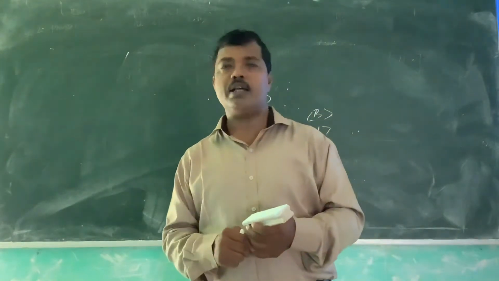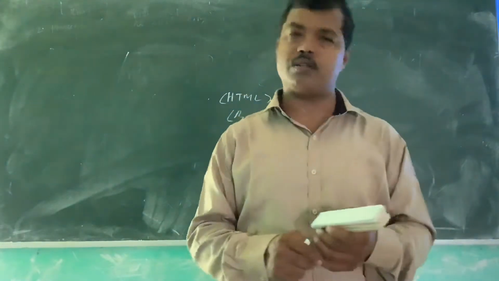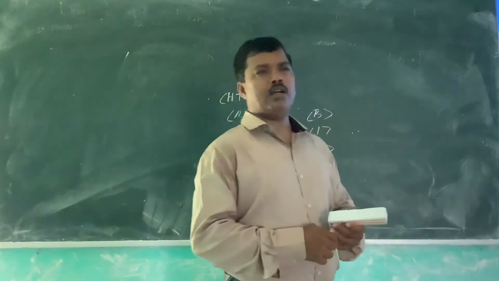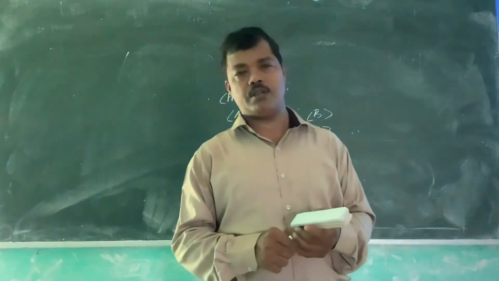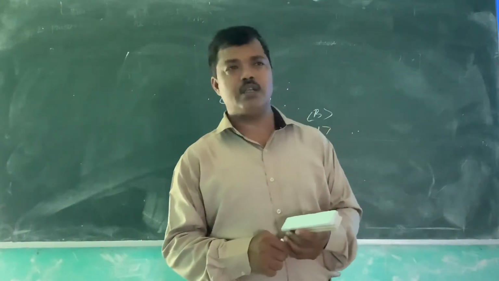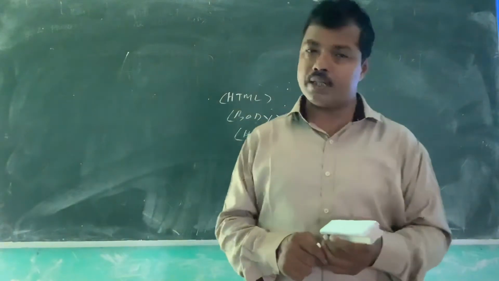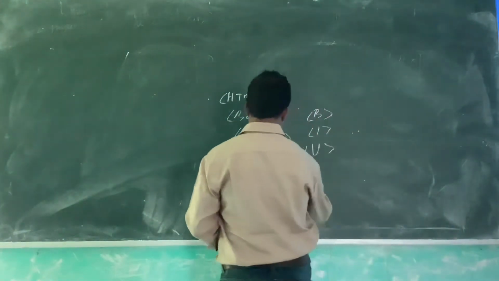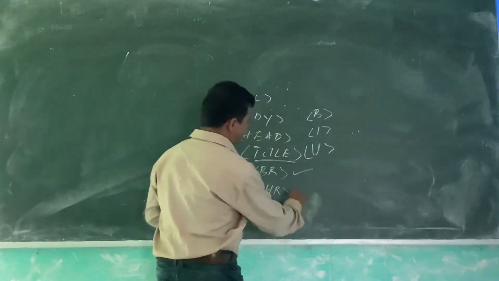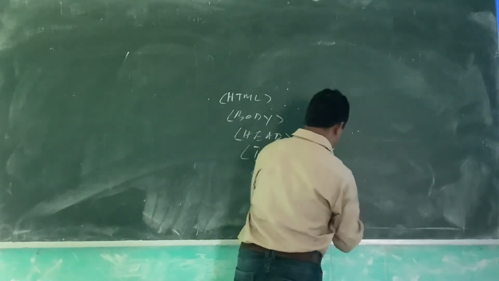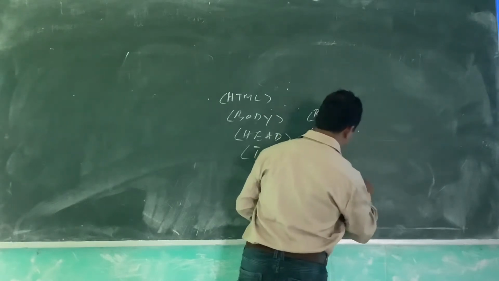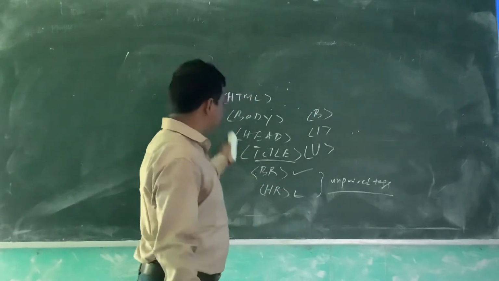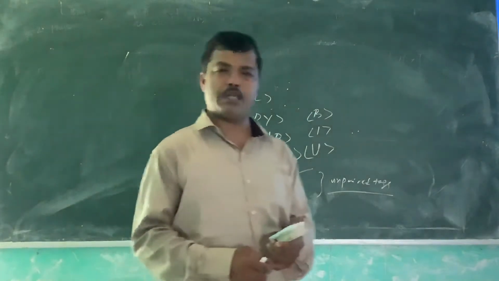One is paired tag, that means one is starting tag, another one is ending tag, and another type of tag is known as unpaired tag, that is it has no ending tag or closing tag, like BR tag, HR tag. These are unpaired tags. But these tags are all paired tags.